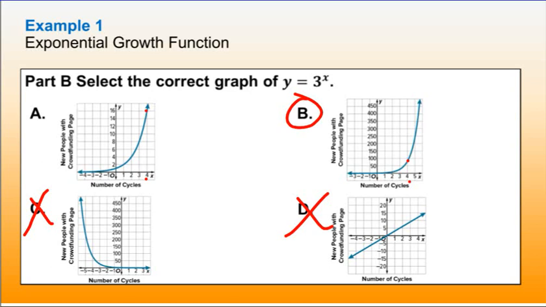You can't have a negative amount. So the number of cycles would be the number of people, where each person is going to be sharing it with a group of 3 people. So you have to have a full person, so it's going to be integers, but positive integers here.